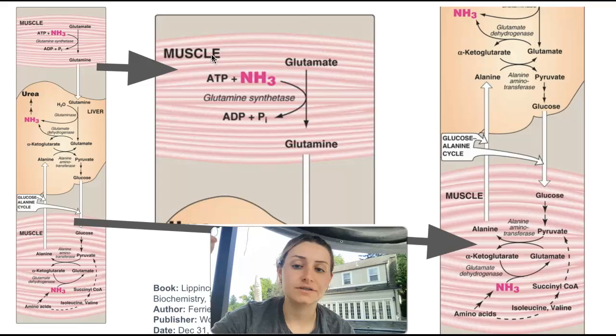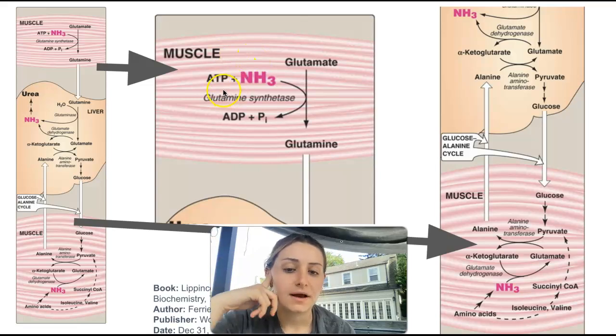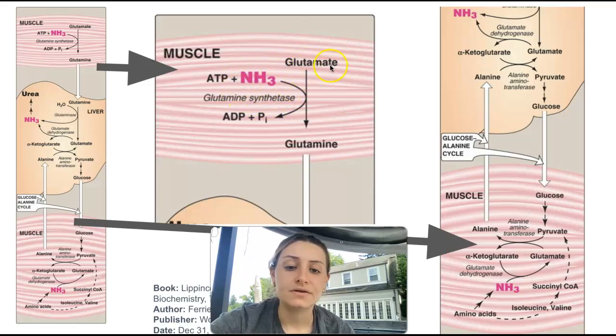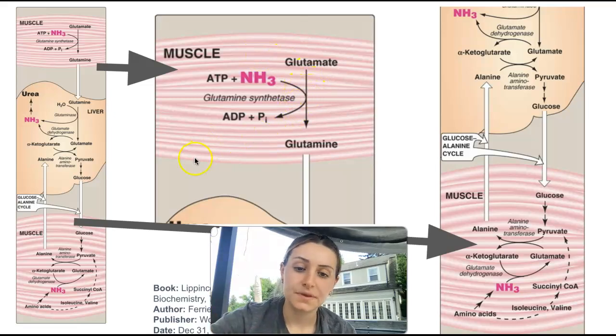This option requires ATP, as you can see, and this mechanism involves combining the ammonia and glutamate via an enzyme called glutamine synthetase, and that turns the ammonia and the glutamate into something called glutamine, and glutamine can safely be transported through the blood to the liver.